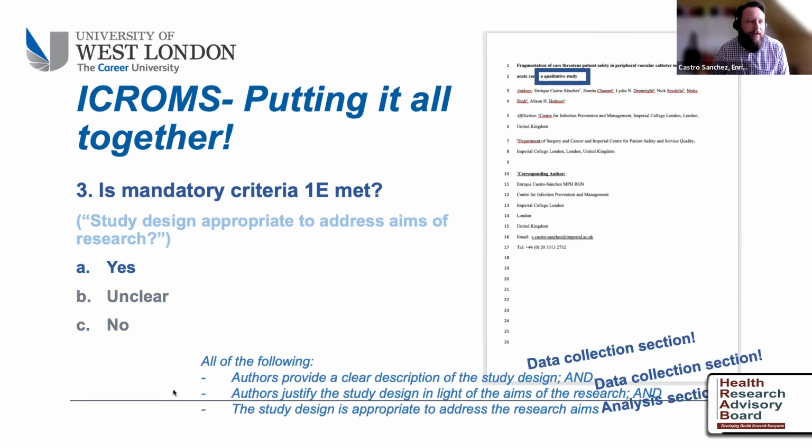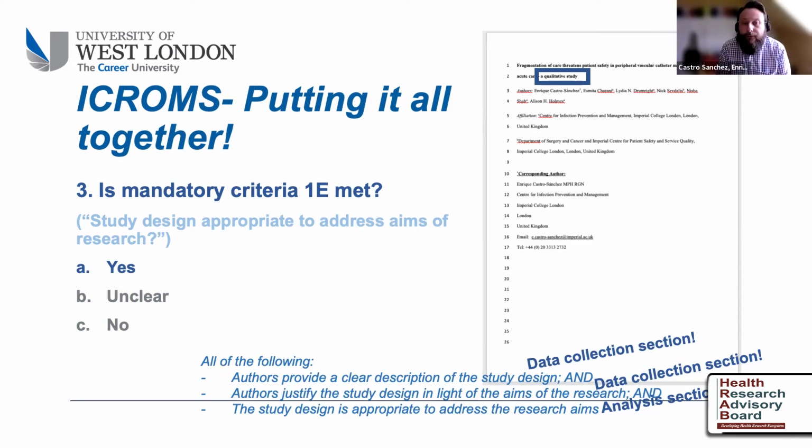I could, let me help you. So the definition of that subdomain: the mandatory criteria is the study design appropriate to address the aims of the research. And for us to be able to give 2 points, all of the following items have to be in the paper.